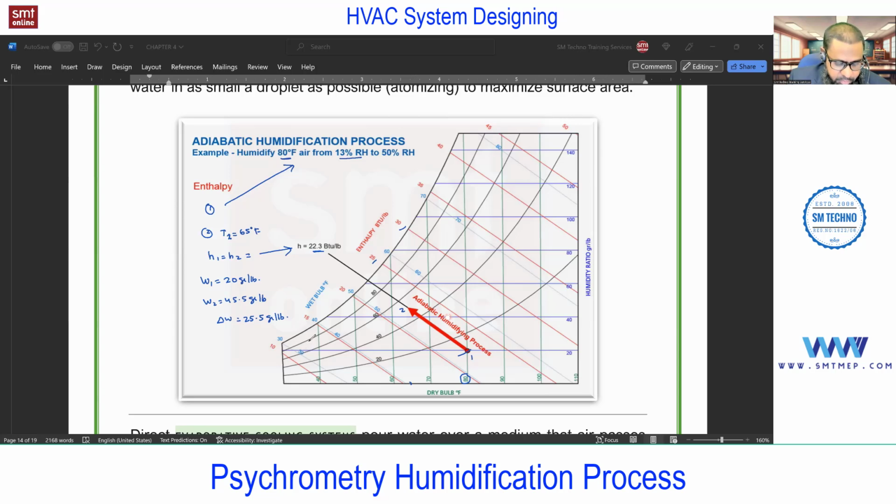Okay. Now the question is, without adding heat, how are we increasing the moisture? In the previous case, we added heat to the water, the water changed to steam, and we added the steam into the space. That means adding heat at constant temperature to increase the RH. But in this case, we are not adding heat, but increasing the moisture. How? This is a simple process.